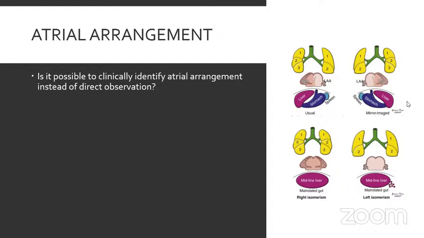The mirror image of that is going to be the case in situs inversus. Now, when you have ambiguous atria, or right isomerism or left isomerism, usually the abdominal viscera are jumbled up. It's very difficult to define the morphology of the atria.